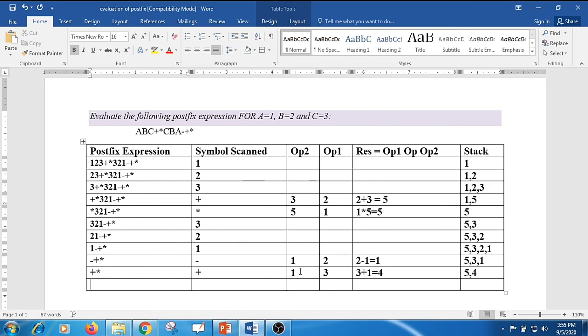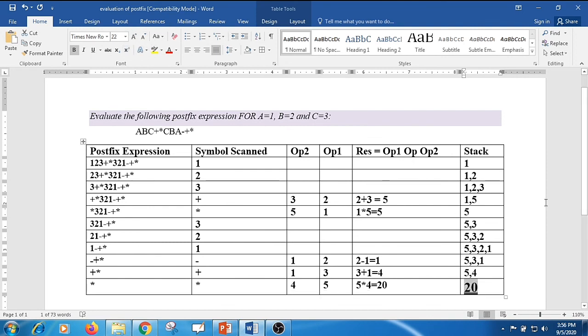Once again only star is remaining. I read that star, then pop 4 and 5. Then 5 times 4 gives 20. So in the result you get 20 as the answer.